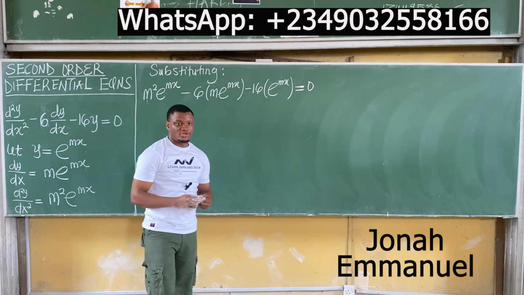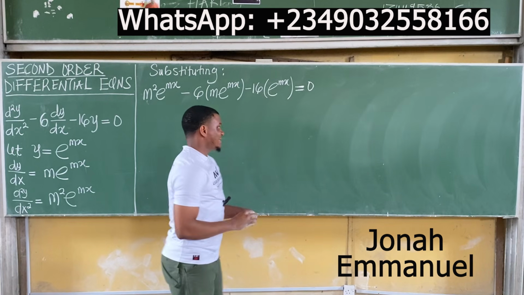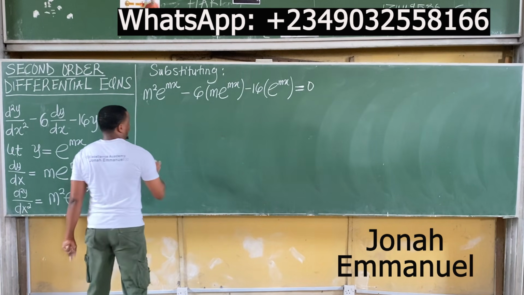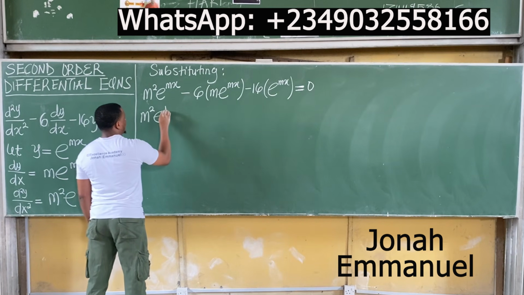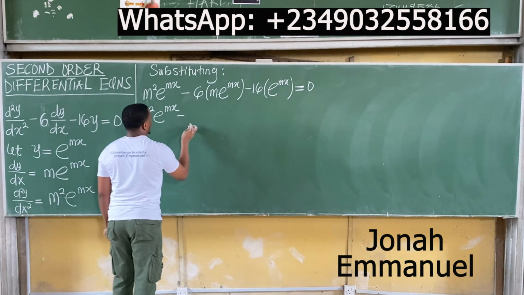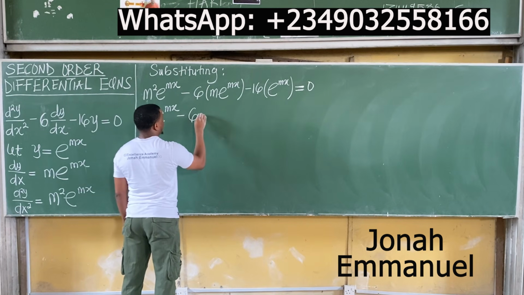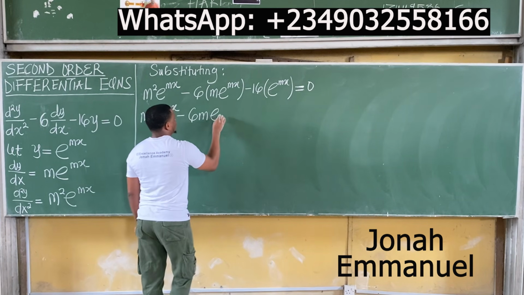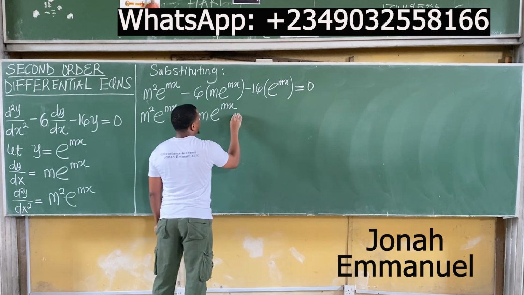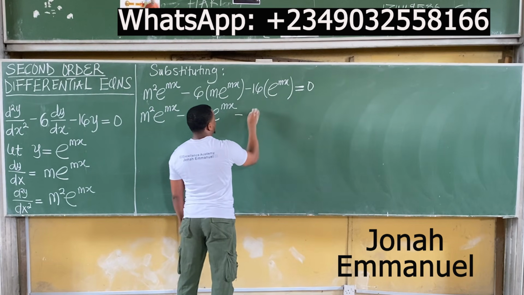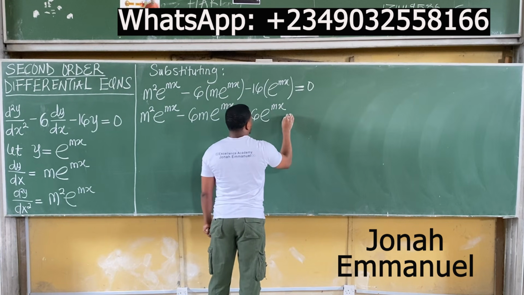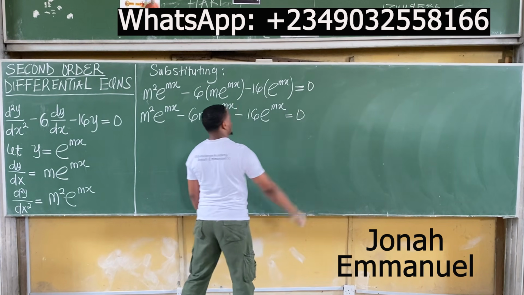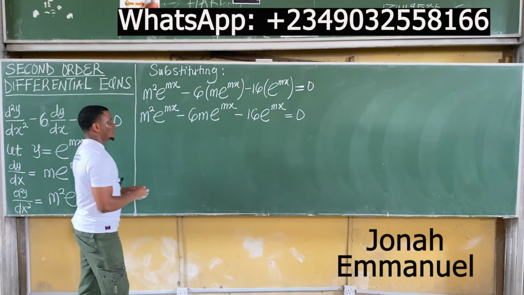Do your substitution. Let's expand this. If I expand this, this gives me m squared exponential mx minus 6m exponential mx minus 16 exponential mx, equal to 0. So that's task 1.